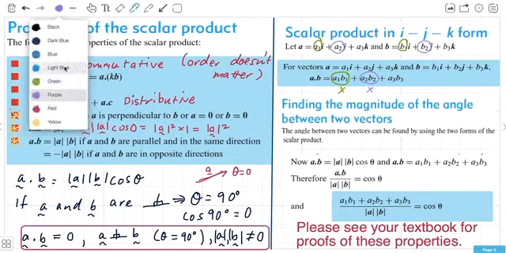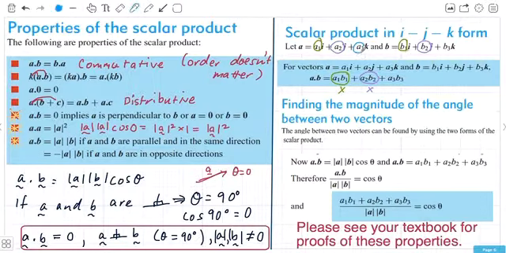And then finally, we take the coefficients of k, we multiply them together, and we add them on. So all of these coefficients are multiplied together and added. Now the thing you'll notice here is this is not a vector, this is a scalar answer. So it has no i, j, or k inside it. It's only the coefficients multiplied together for i, j, and k, and then all added together.